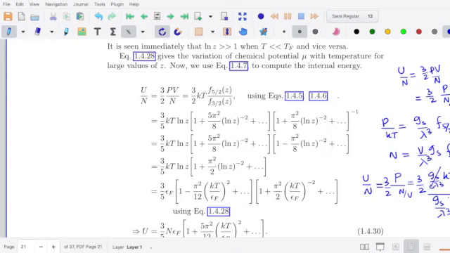So this and this get cancelled, and we end up with the relation U by N is equal to 3 by 2 kT F5 by 2 of z by F3 by 2 of z.